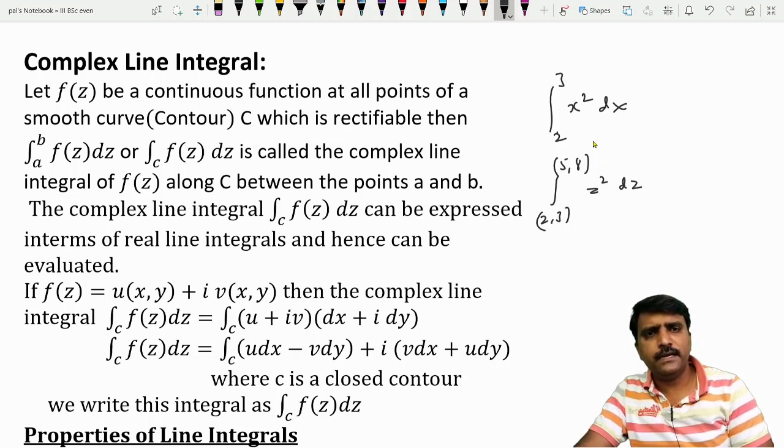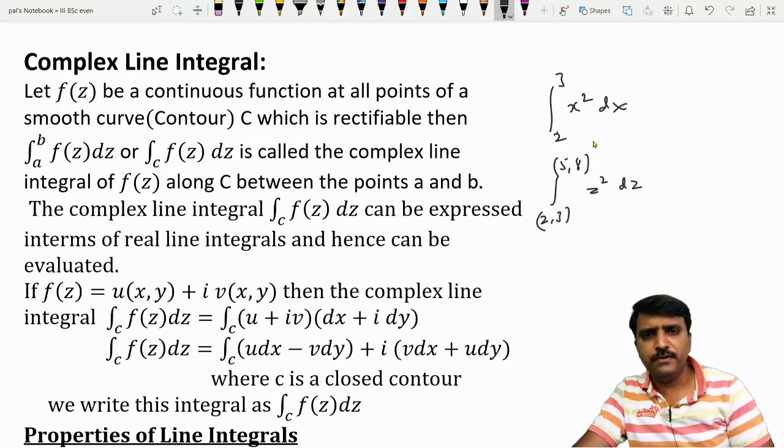So in the case of line integral, when you are considering the line integral of complex numbers, we should mention the particular curve. What curve is it, a straight line or some other curve? That is mentioned particularly here. If it is a straight line, we take the straight line; if it is another type of curve, you have to consider that other curve.